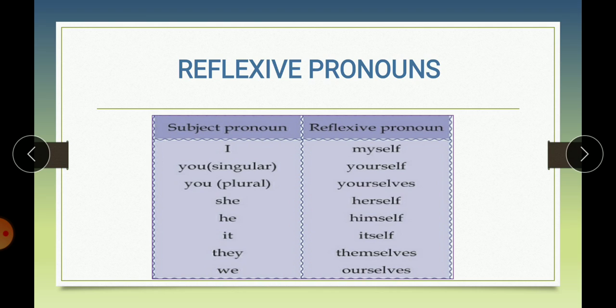That means अगर किसी सेंटेंस में हम ये पर्सनल प्रोनाउंस और सब्जेक्ट प्रोनाउंस यूज़ कर रहे हैं, then these reflexive pronouns will be used. Like if there is he, then you will be using himself. If it is they, you will be using themselves. If it is she, you will use herself, and so on.